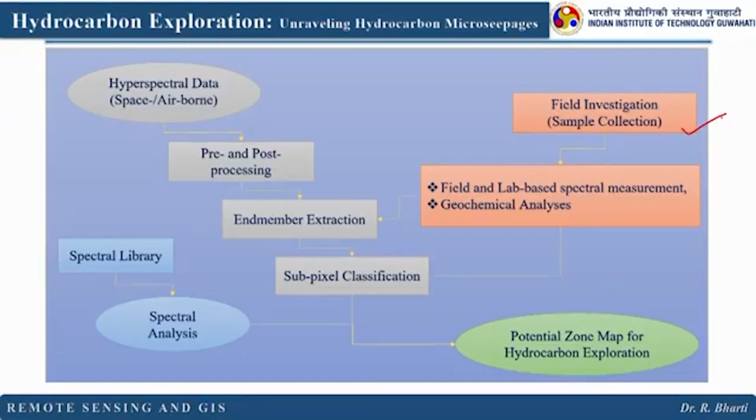So if you are not able to detect them directly, you can track these proxies to identify whether this area is having any kind of microseepages, right? If you can do that, then you can justify using field investigation in this area, and then you can conclude that these are the hot spots which are potential for hydrocarbon exploration, right?